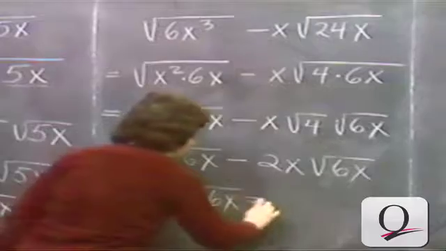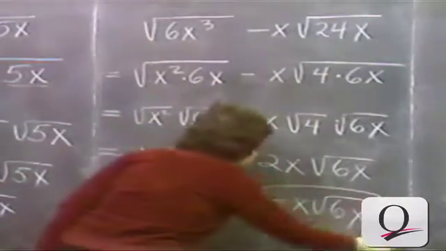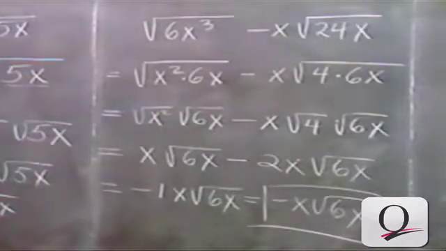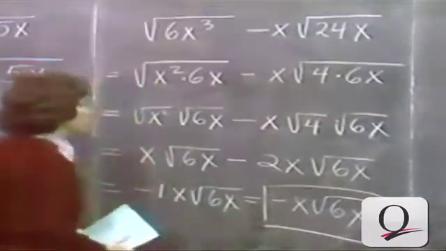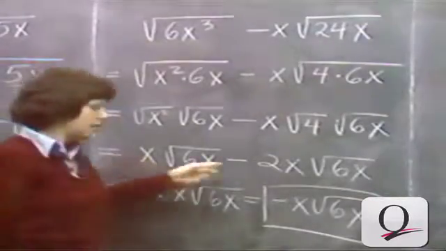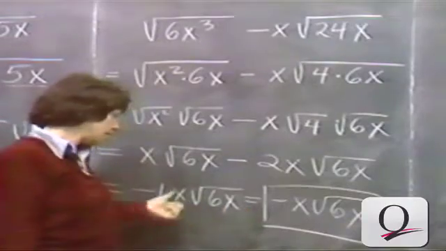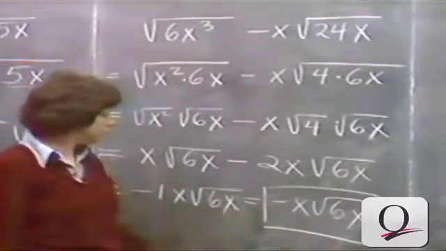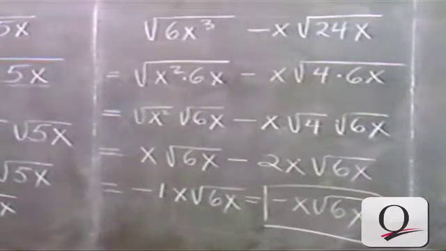And we would just write that as minus x times the square root of 6x. Okay, we have x take away 2x. 1x take away 2x leaves us with minus 1x. Now we have times this radical, so minus x times the square root of 6x.